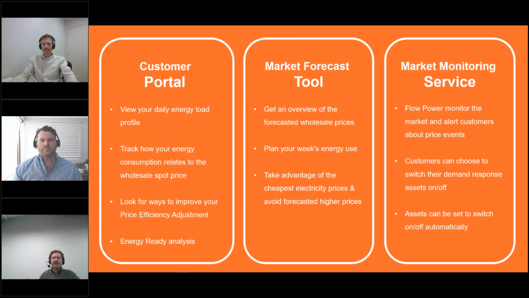And on Thursday afternoon, maybe it's a hot day and 5 to 8 p.m. is looking particularly high or dangerous, and you can try and avoid that period. So that's really useful. And the final one there, which comes as part of the same service, is our market monitoring service, which notifies you of high price events and can also be used to automate equipment. And we'll discuss that a little bit on this next slide.